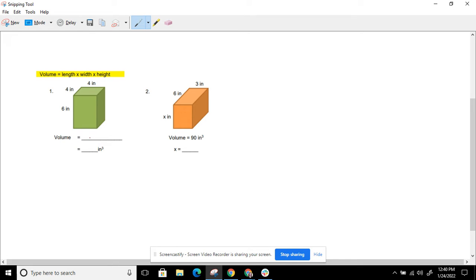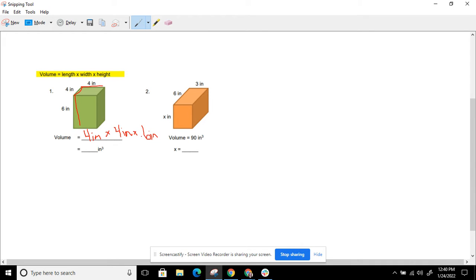So the volume is equal to the length, which in this case is 4 inches, times our width, which is how deep it goes, 4 inches, and times our height, which is 6 inches.